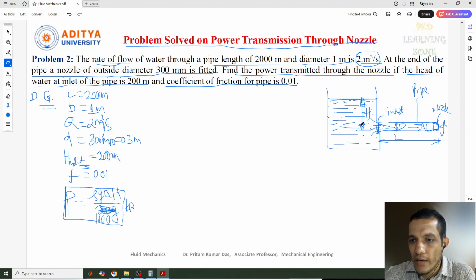Now we need to find the power transmitted through this nozzle. So first of all, let's find the area of the pipe, capital A.